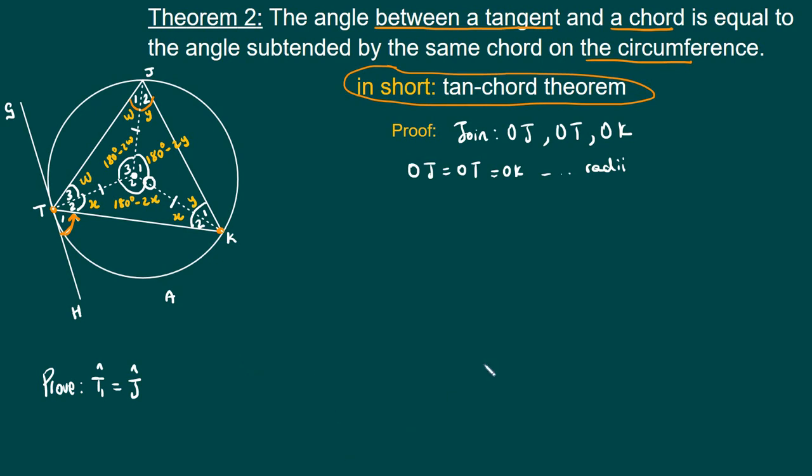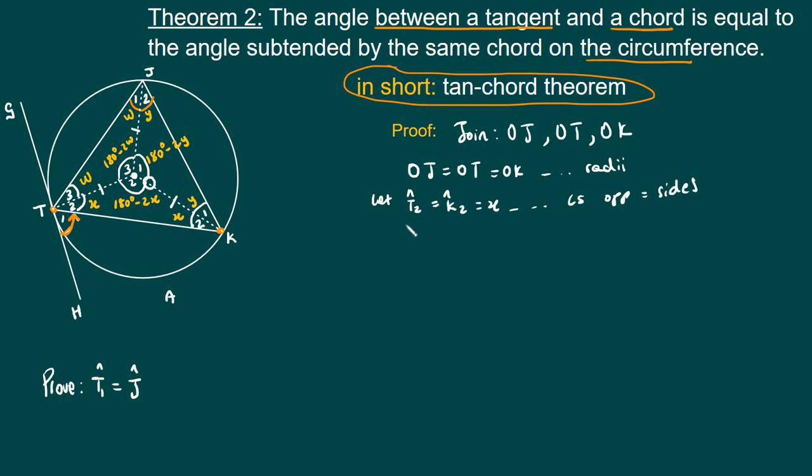Then you go here. Then you tell them, let angle T2 be equal to angle K2, and both should be x. You tell them angles opposite equal sides.